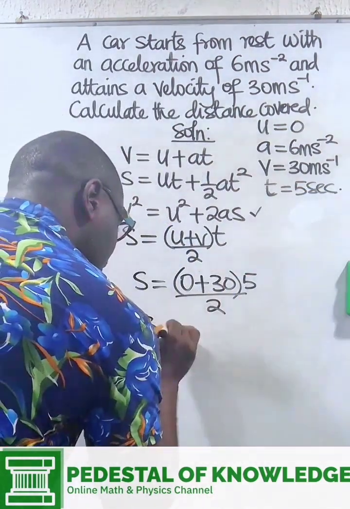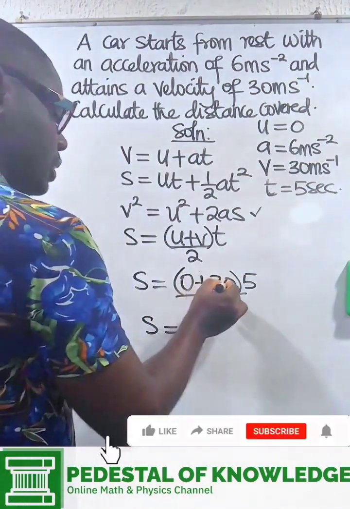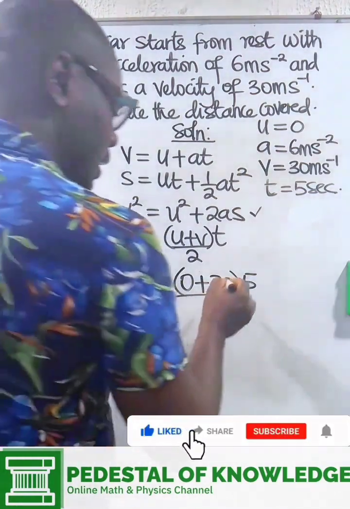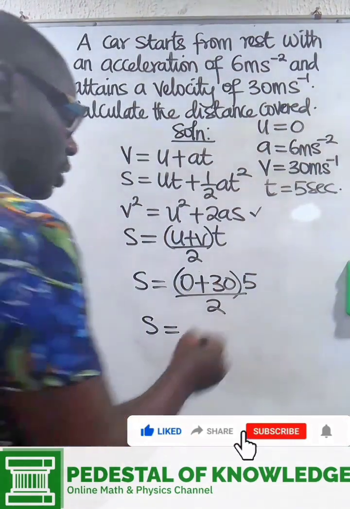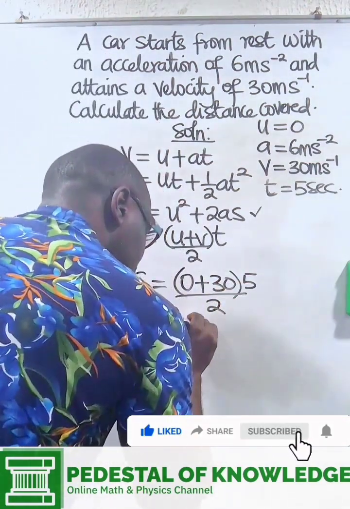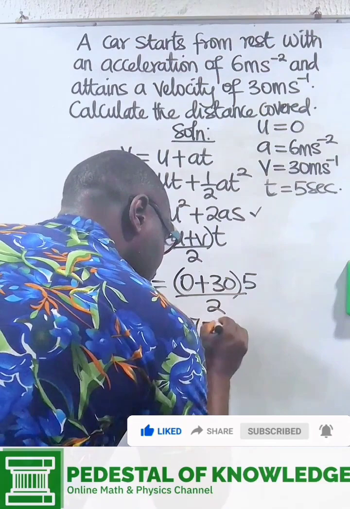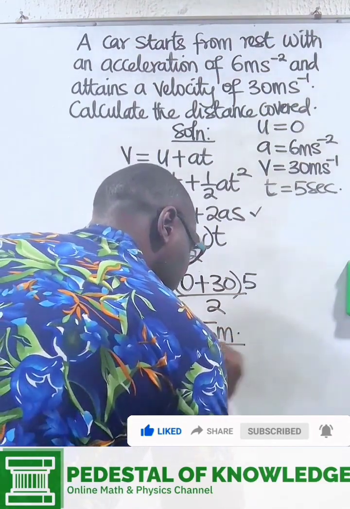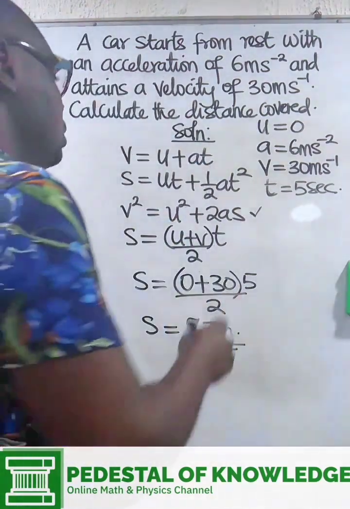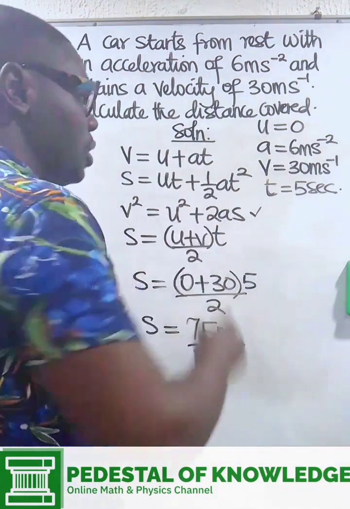Okay, S is equal to 0 plus 30 is 30, and 30 times 5 is 150. 150 divided by 2 will give us 75 meters. And that is the same answer we got using this equation or this equation.